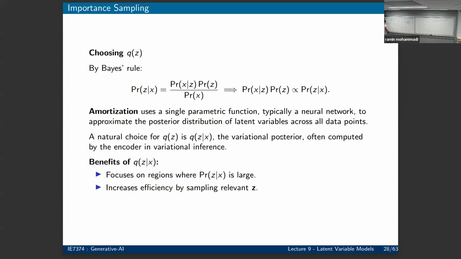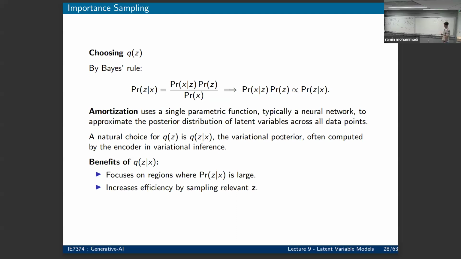What latent should I have in order to have this image? The image is fixed. In order to have this maximum, your latent should be good. So this is the likelihood, this is the prior.